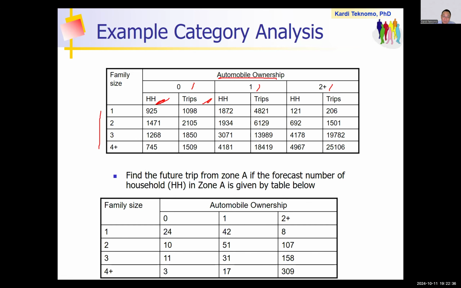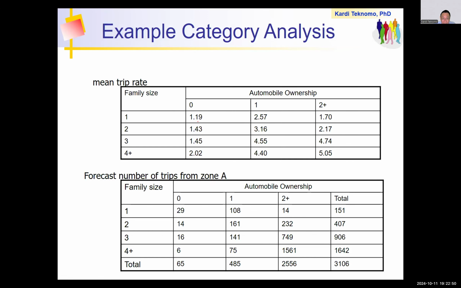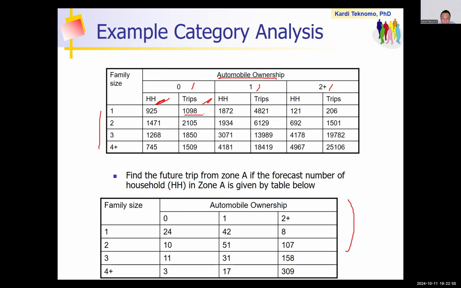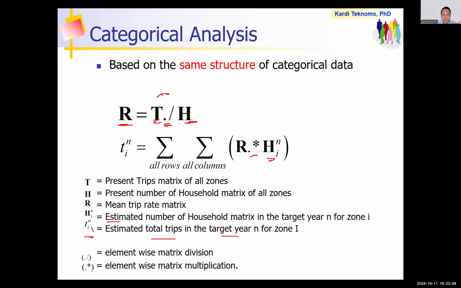In that case, you can get the trip rate simply by division. Can you see? This trip rate 1.19 comes from 1098 divided by 925. So this is the number of trips divided by household.